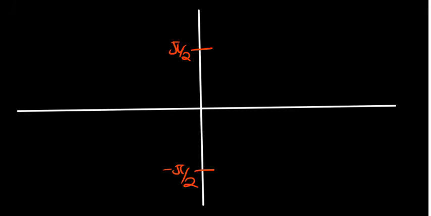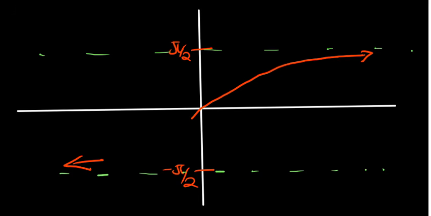Now, just to give you an idea, in the case of tan inverse, it behaves almost like the opposite. It has horizontal asymptotes as well, with the same range of a pi. So it can't cut this line, it can't cut that line. Expect it to behave like this.